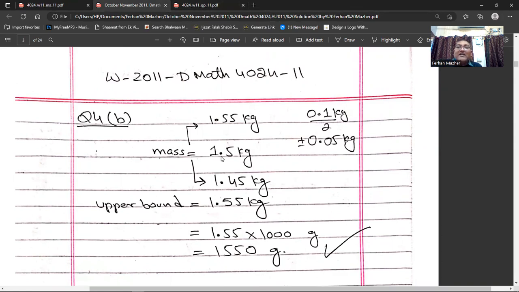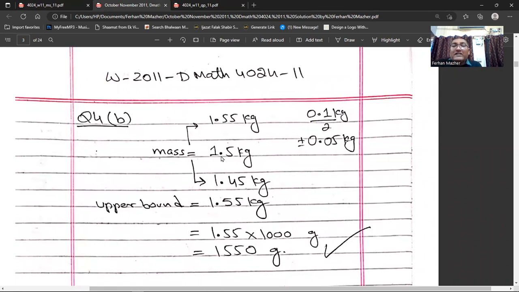If you will add 0.05 kg in it, you will get the upper bound. If you subtract 0.05 kg from this, you will get the lower bound. So the upper bound will be 1.55 kg and the lower bound will be 1.45 kg. The question was, what is the upper bound? So that is 1.55 kg, but they said that write the answer in gram.